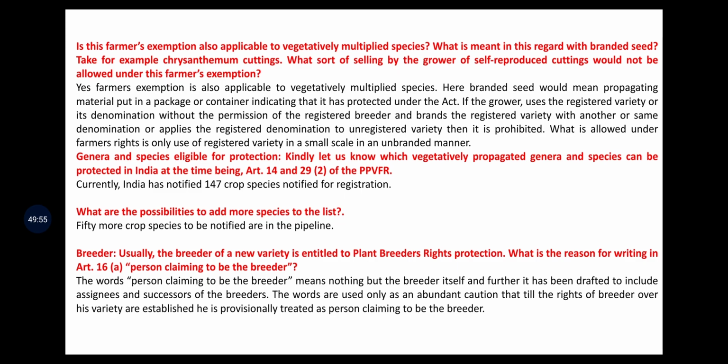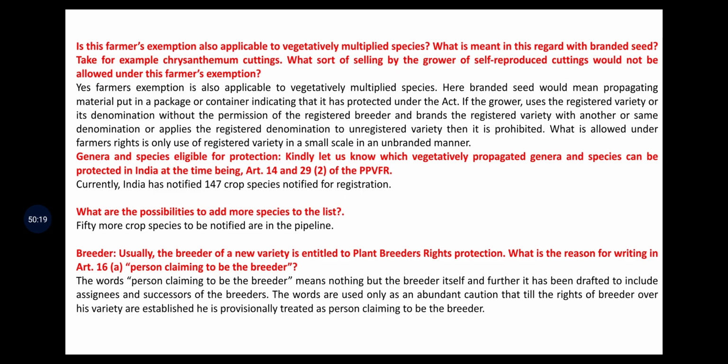On the possibilities to add more species to the list, 50 more crop species to be notified are in the pipeline. That means already 147 species are registered and 50 more are under the pipeline to bring them under protection. Usually the breeder of a new variety is entitled to plant breeders' rights protection.